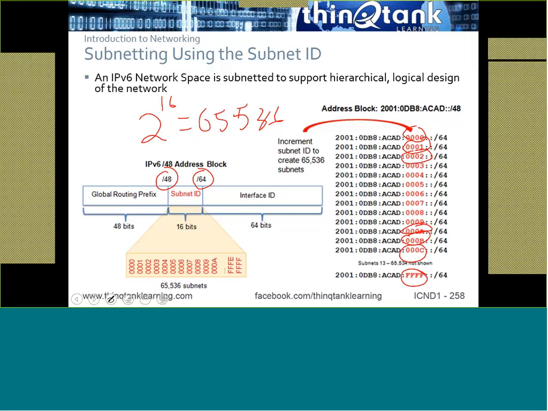So the point that I'm trying to make here is that subnetting in IPv6 is no different than subnetting in IPv4. You're just borrowing ones. The more ones you borrow, the smaller the networks become. Of course, in this, it's relative.